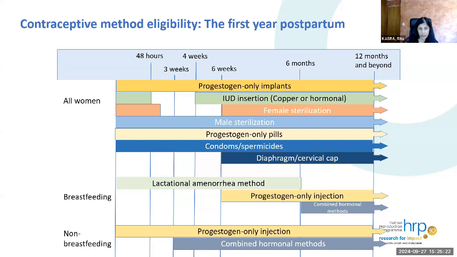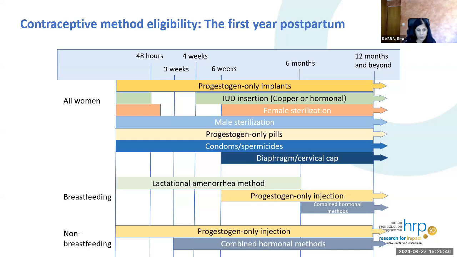And I have a slide to talk more about this. When it comes to progesterone-only injections, we prefer that they be used by women only after 6 weeks. Now, combined hormonal methods are a no because of the risk of VTE, and so it is actually only given to women after 6 months.